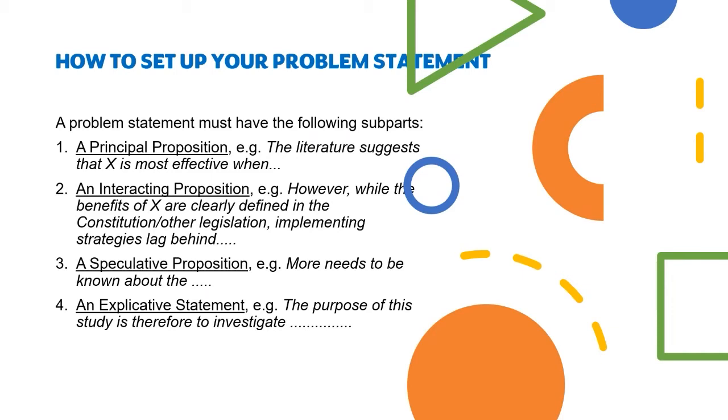So that will help you to make a stronger problem statement. So if you get a comment back from a supervisor or a commenter who says there's no clear problem statement in your work, try and put these 4 steps together and see if you can come up with a stronger problem statement. If you chose quantitative, each one of these propositions needs to suggest quantification.